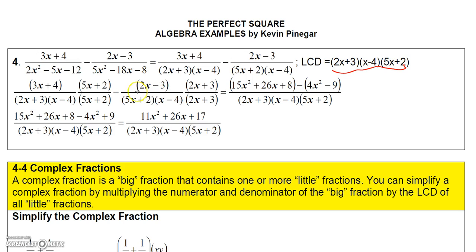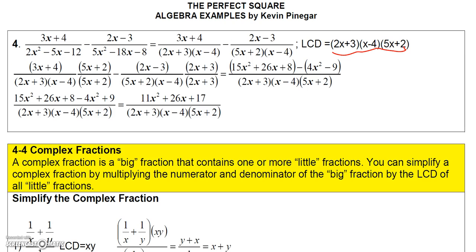And then when you FOIL the products in the first fraction in the numerator, you get 15x squared plus 26x plus 8. And then when you multiply 2x minus 3 by 2x plus 3, you get 4x squared minus 9. And then distribute the minus and collect like terms here, and you'll get 11x squared plus 26x plus 17, and then over the three factors for the common denominator.